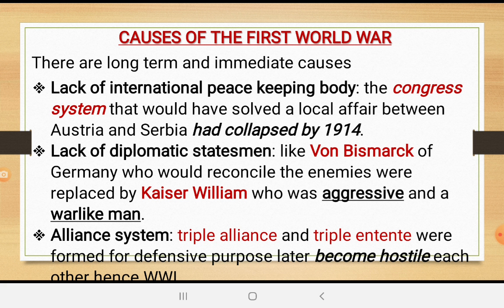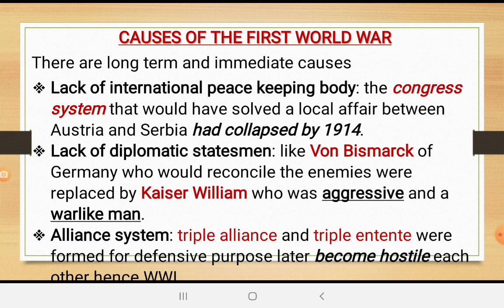Then, the international peacekeeping body at that time was Congress system, and as you know, this Congress system came after the French Revolution and Napoleon's expansionist policy. When they used this Congress system, it was established to solve local affairs.